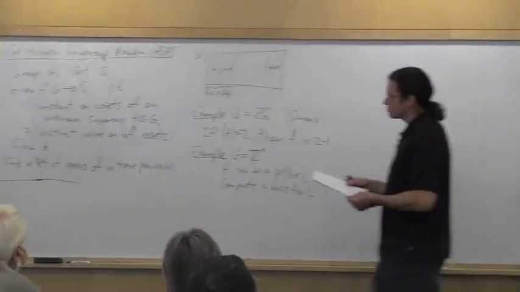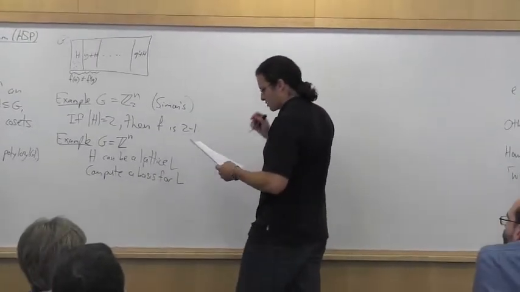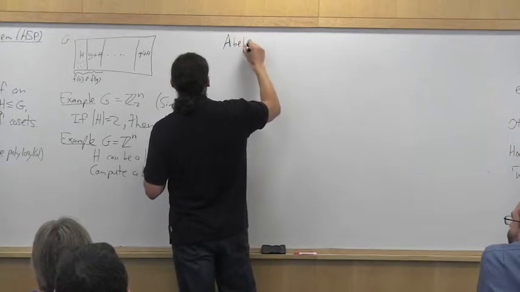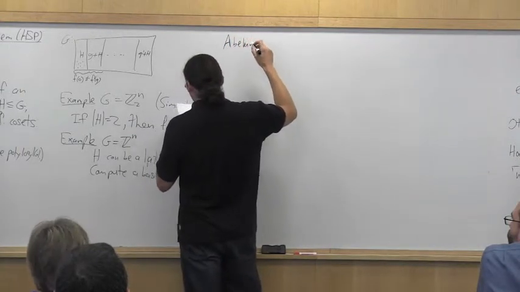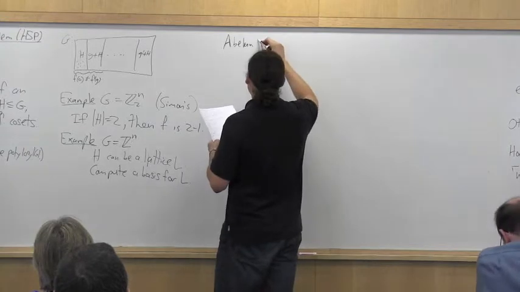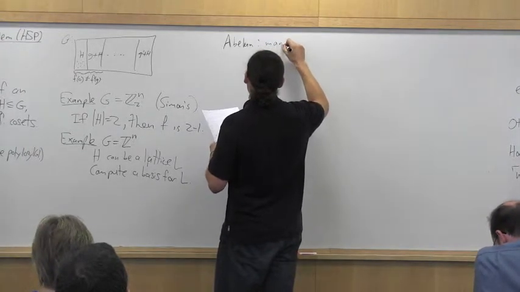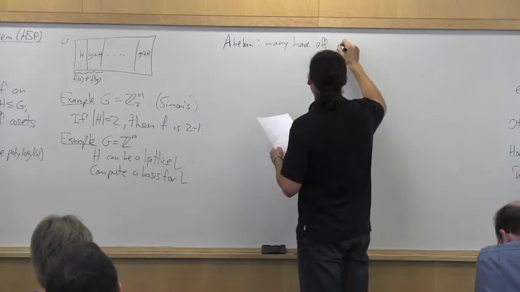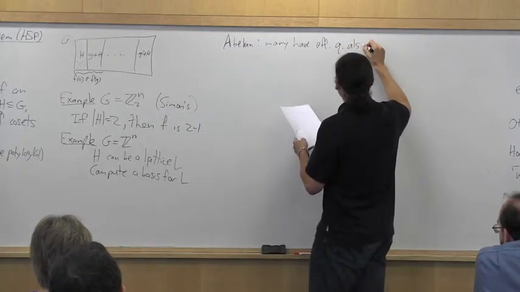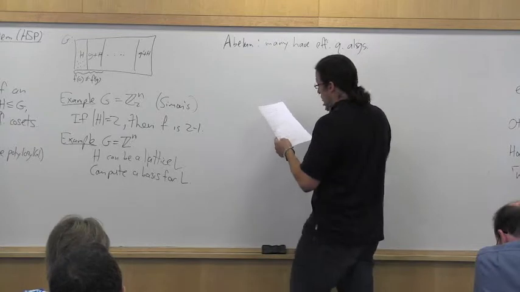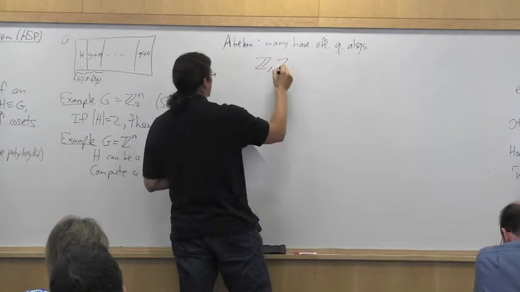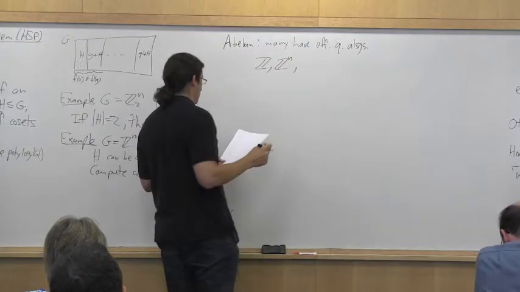All right, so before I get through some more examples, let me just say what's known about the quantum algorithms for solving this problem. For most abelian groups, there are efficient quantum algorithms. For example, you can solve it when the group is Z or Z to the n.